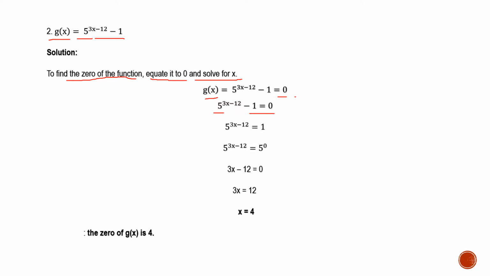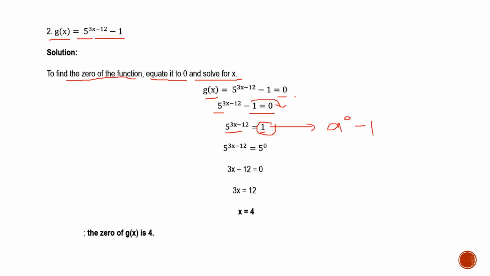In this case, we simply transpose this negative 1 to the other side of your equation. That's why it becomes 1 equals 5 raised to 3x minus 12. Now, we can express this 1 in a form where we apply a raised to 0 is equal to 1.